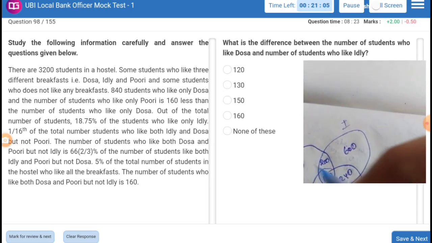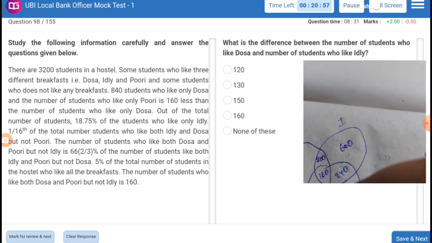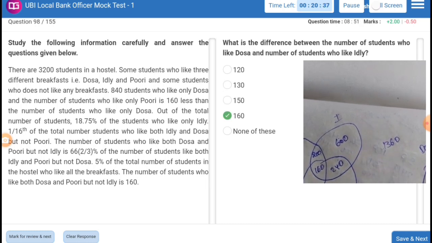The difference between those who like dosa and those who like idli: $320. 1360, 160. So 320.